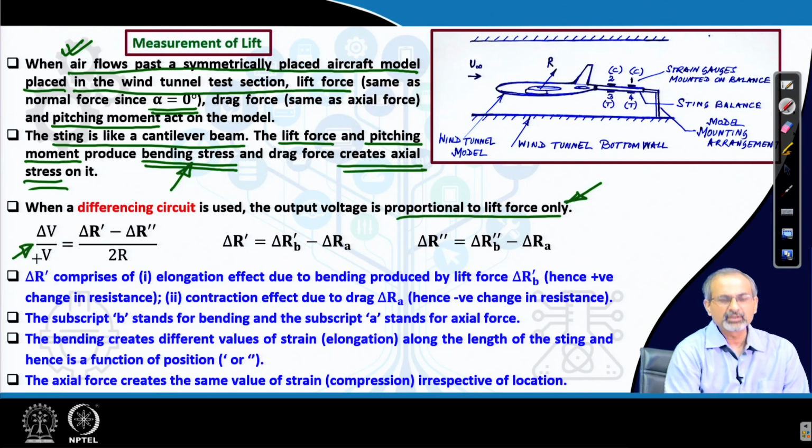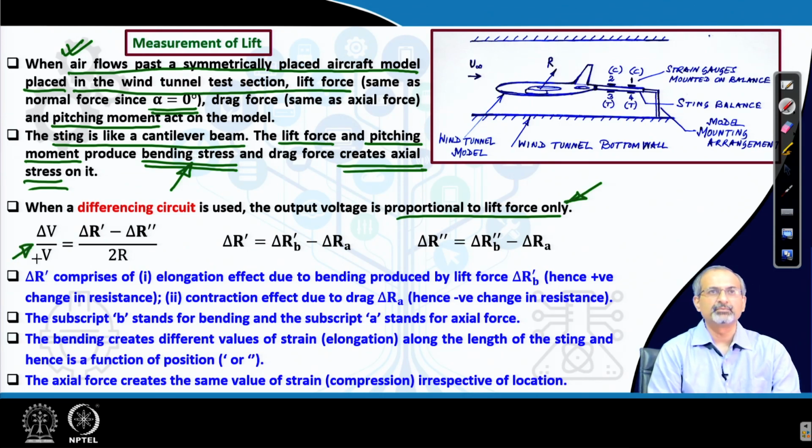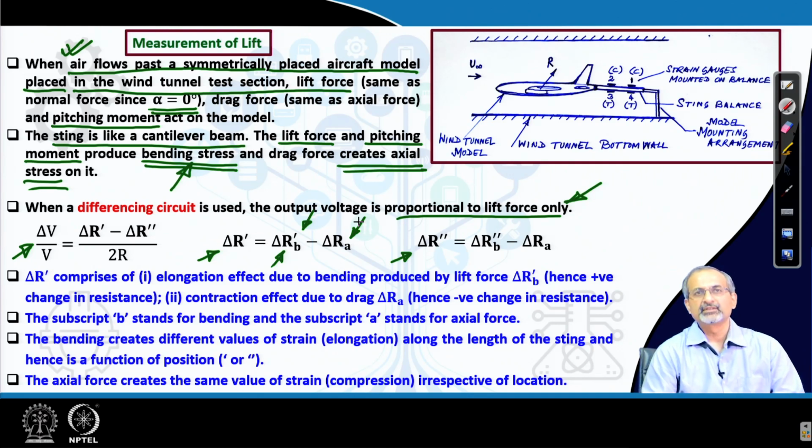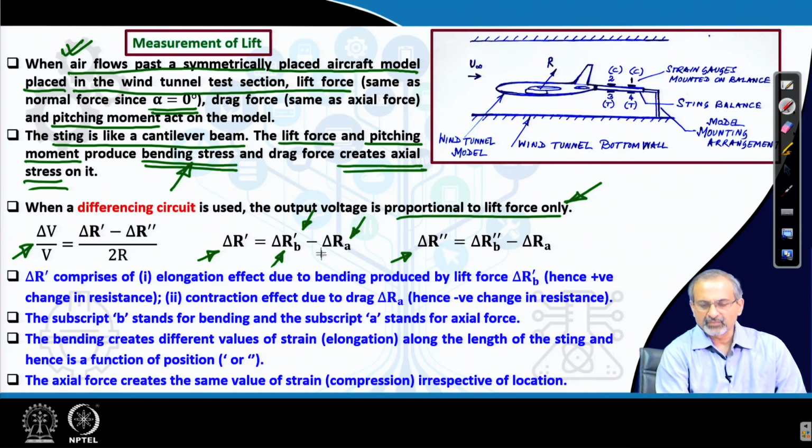Now, we already found out that for the differencing circuit, delta V by V is given by this expression, and now we are saying that whether it is delta R dash or delta R double dash, we have to account for the change in resistance due to the bending stress effect. Here we are considering that as a positive quantity, while the axial stress will always be of the compressive kind, and therefore, would reduce the length of the resistance, and therefore, it is a negative sign all the time.